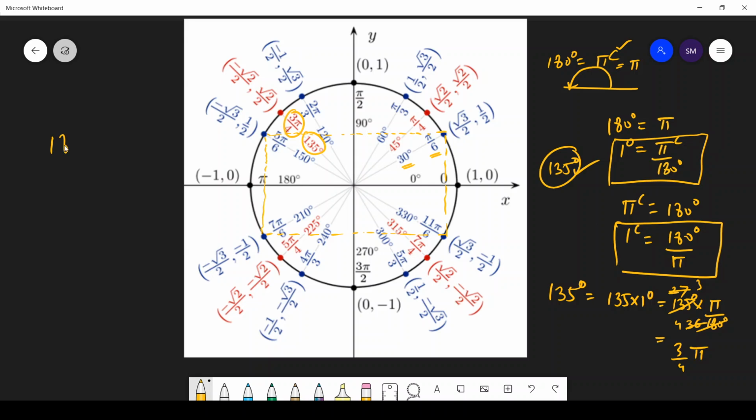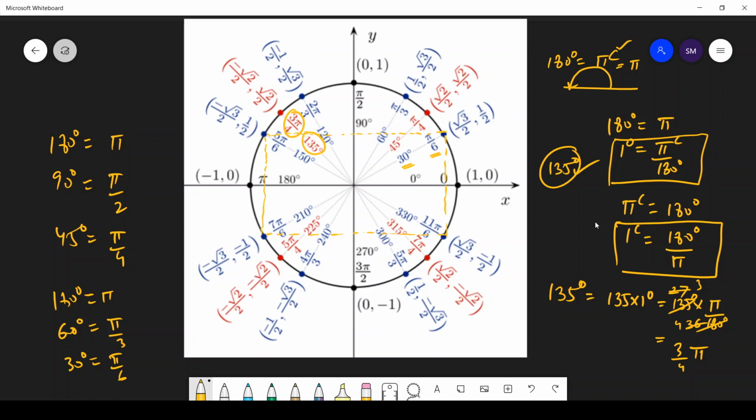For simple values you can directly write it by dividing both sides by 2, dividing by 2 again, or dividing both sides by 3, again dividing by 2.